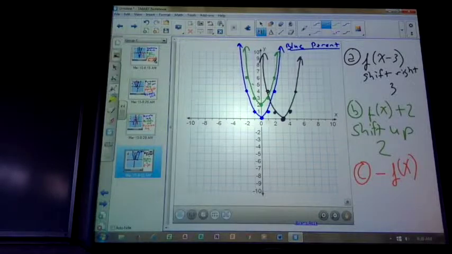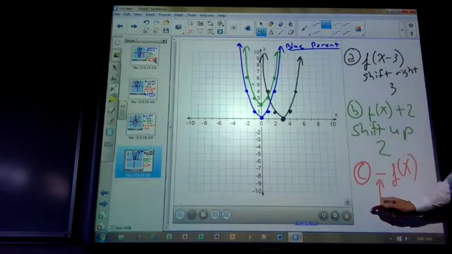I have negative function at x. So it's not going to shift up or down. A negative out in front. Negative out in front. That means, oh, I know what this means.